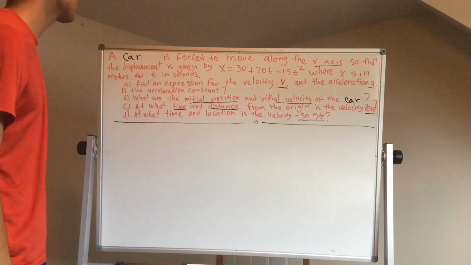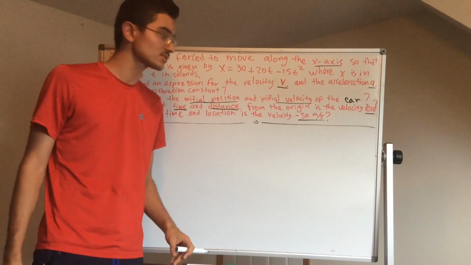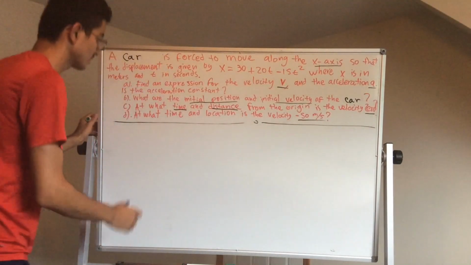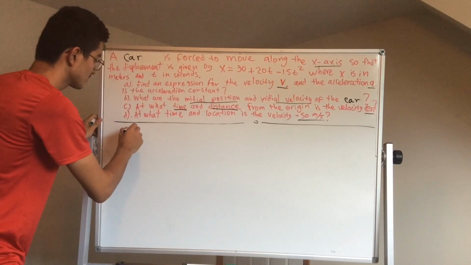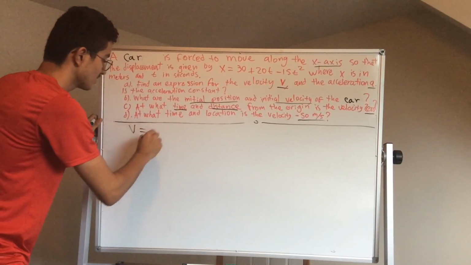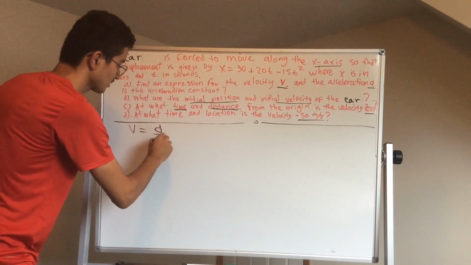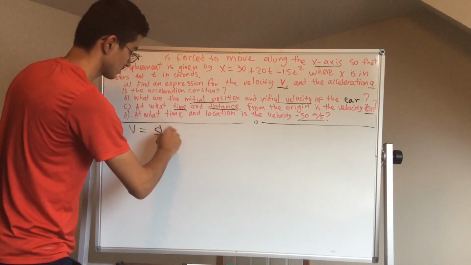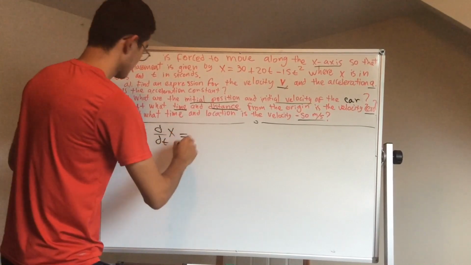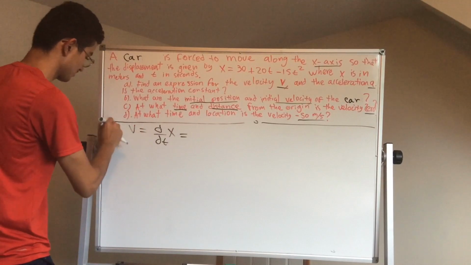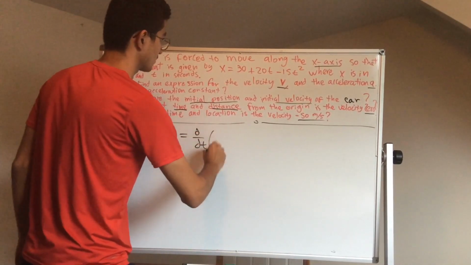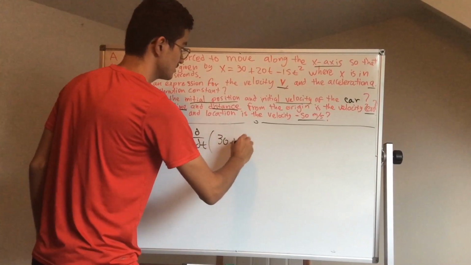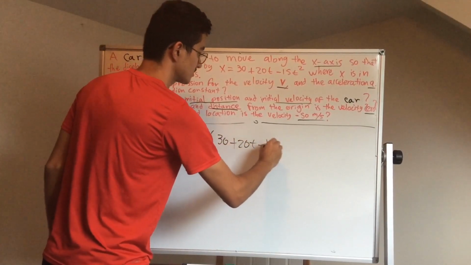Part A asks us to find an expression for the velocity v. Well, we know that if we have the position function, the velocity will be the first time derivative of the position function. So that will be the first time derivative of 30 plus 20t minus 15t squared.